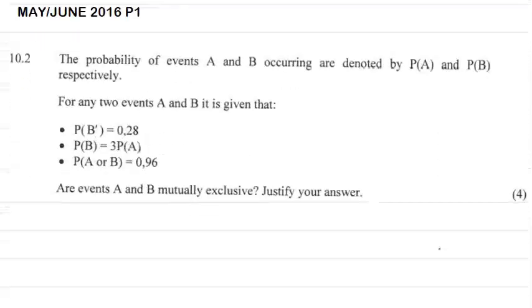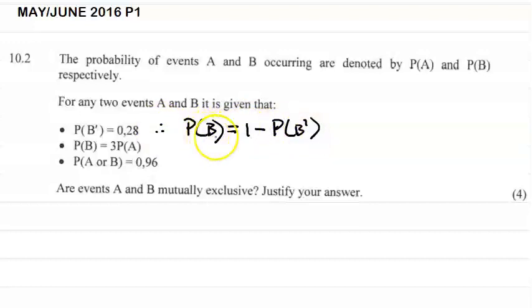Now this particular question appeared in the May-June 2016 paper 1. It says the probability of events A and B occurring are denoted by P of A and P of B respectively. For any two events A and B, it is given that the probability of not B is equal to 0.28. Now this is a very important statement. If the probability of not B is 0.28, then the probability of B is equal to 1 minus the probability of not B, and that is for complementary events.